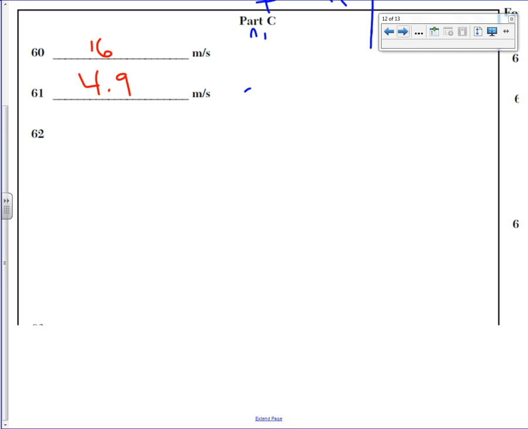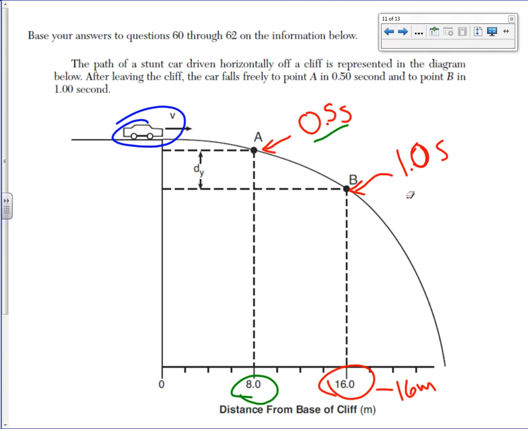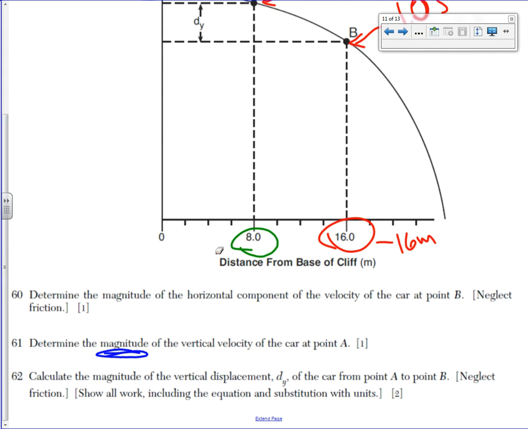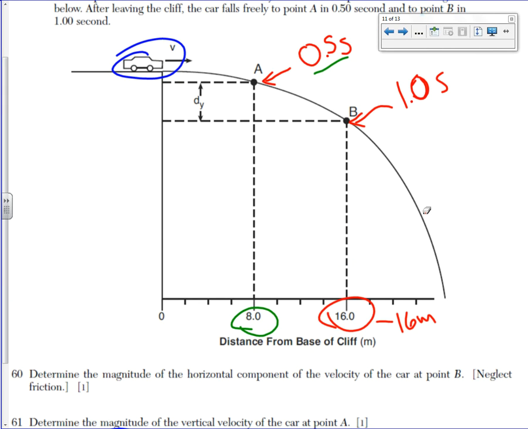We look back. Final part. We want to know: calculate the magnitude of the vertical displacement dy for the car from point A to point B. So if we look here, this is what we're looking at. It denotes it right here. So we can determine a couple things.